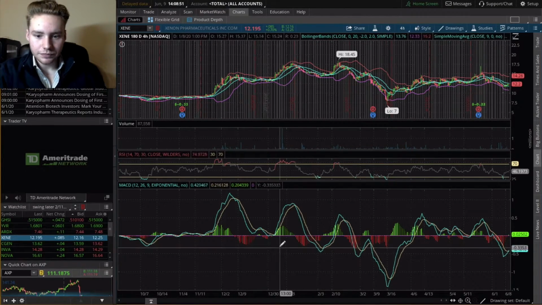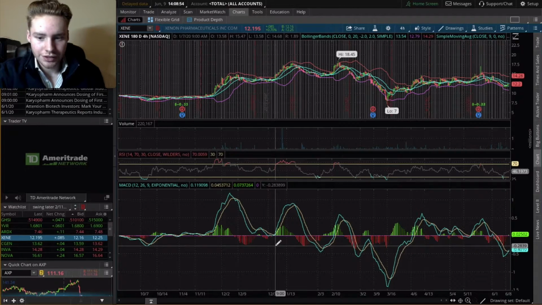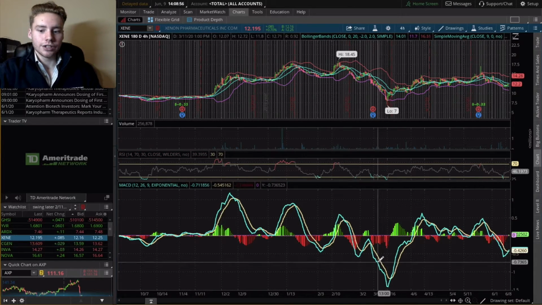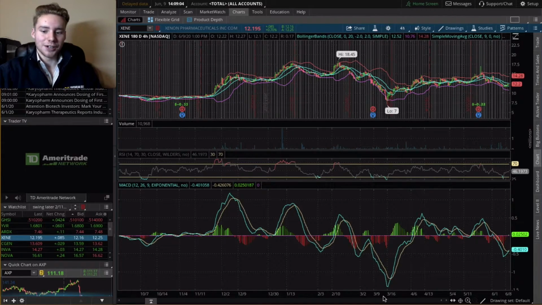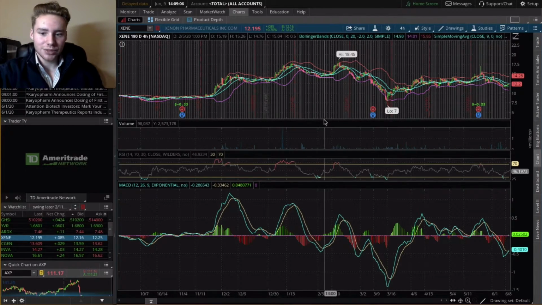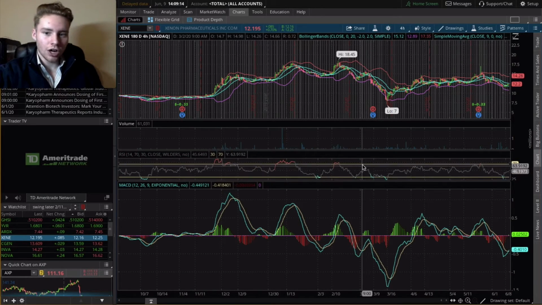So another thing here is that you can try and predict this crossover, but a much safer entry point would be when it actually crosses over. Because as we can see here, if you're trying to predict that crossover, then you might get caught.